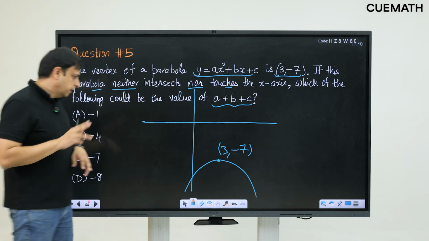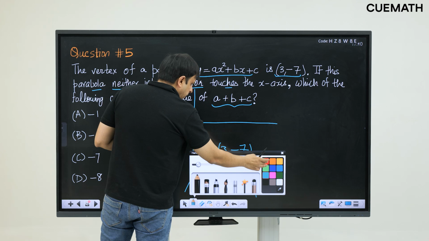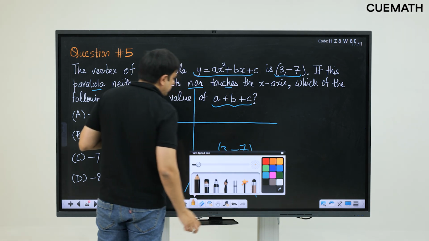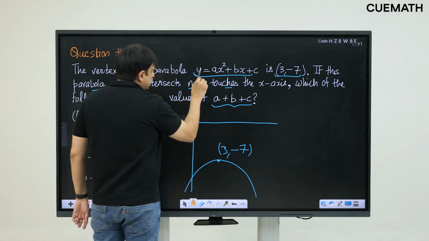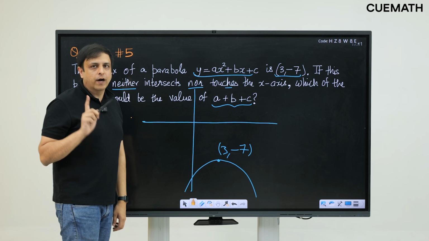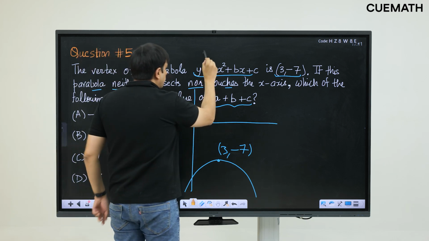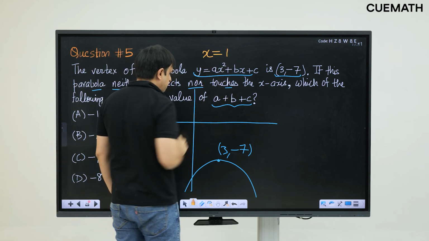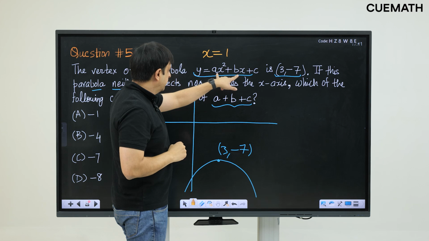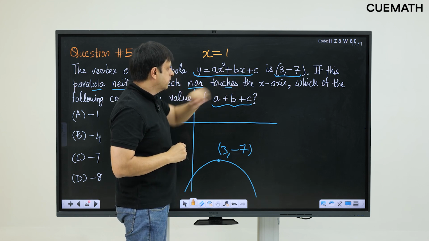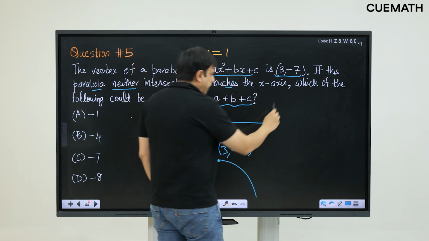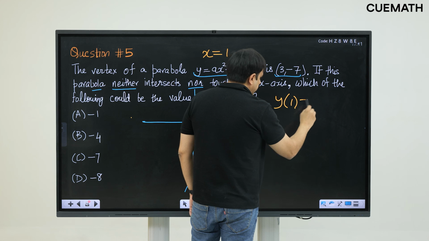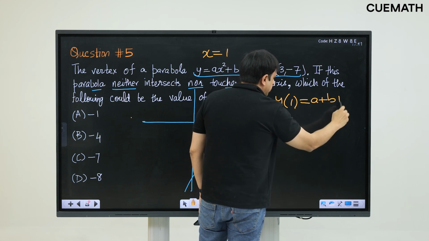Now, here comes our second trick in this problem. We observe that a plus b plus c is the function's value for x equal to 1. If we substitute x equal to 1 into this expression here, we get a times 1 square plus b times 1 plus c. So, we get y of 1 is a plus b plus c.